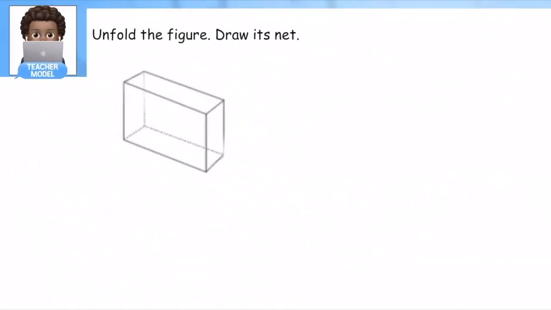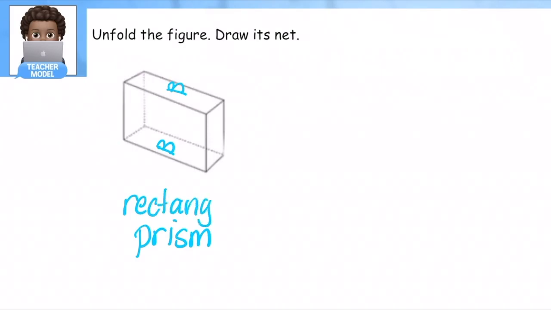Let's look at this figure. It is definitely not a pyramid, it's a prism, because I see it has a base at the bottom and the top, and they're both the same. And looking at its base, we see it's a rectangle, so this is a rectangular prism.